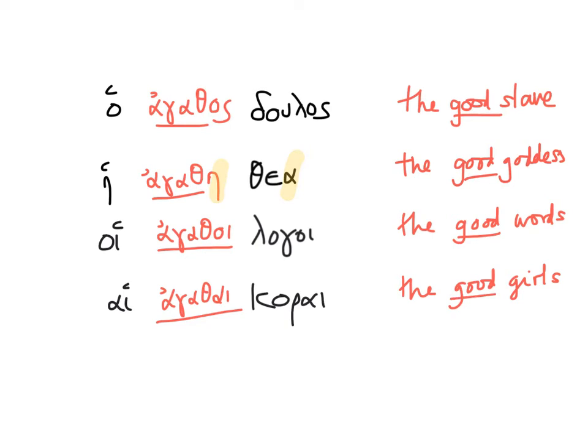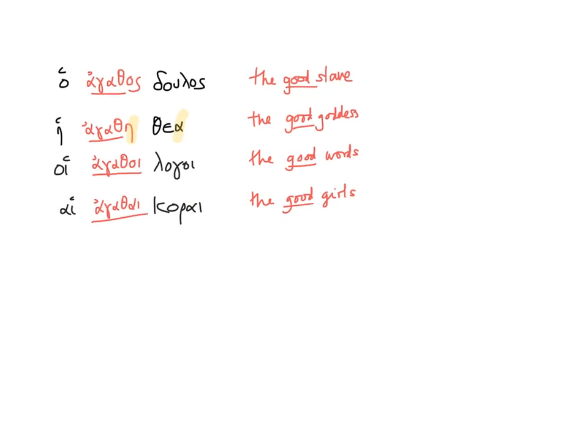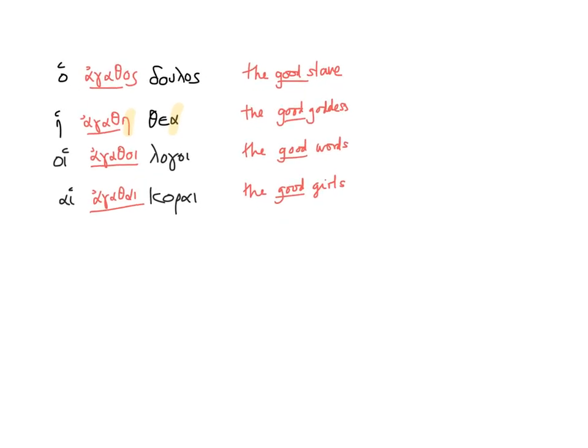Now, let's stay with these words, but try something a little bit different. What we're going to do is write the same phrases, but in a different way. Ho doulos, ho agathos.